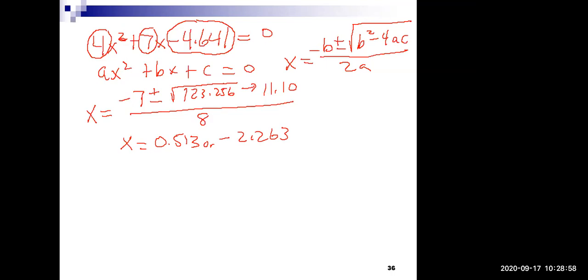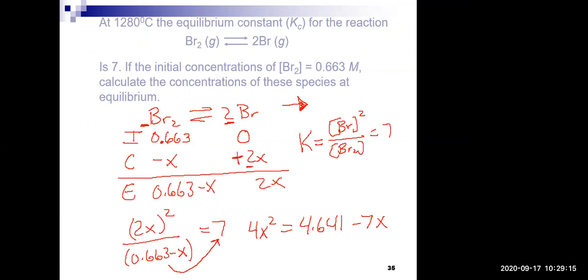First off, any questions on the math part of it? Okay. Now, when you solve for this, one of the numbers will not make sense. In this particular case, if we go back to our ICE table and I put in the x value that is negative, it is going to give me a negative concentration.